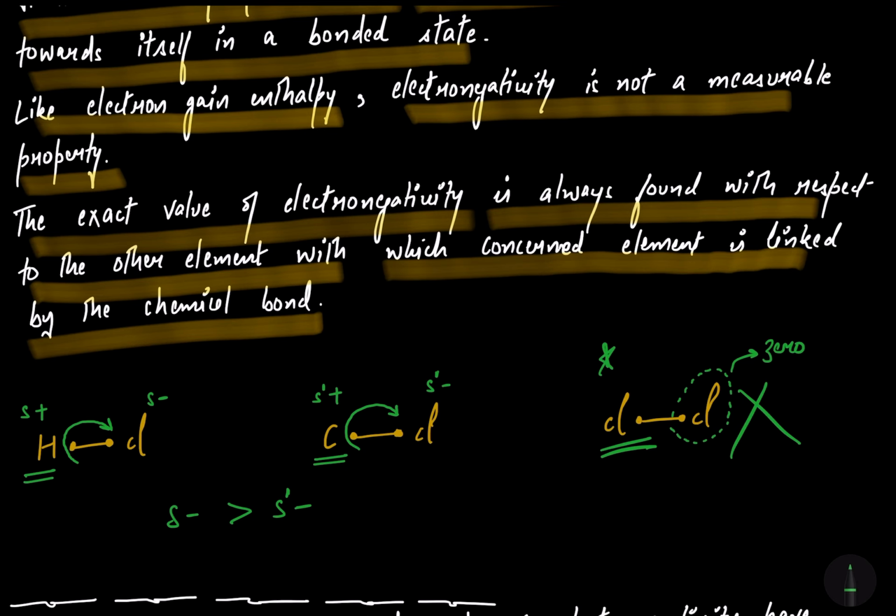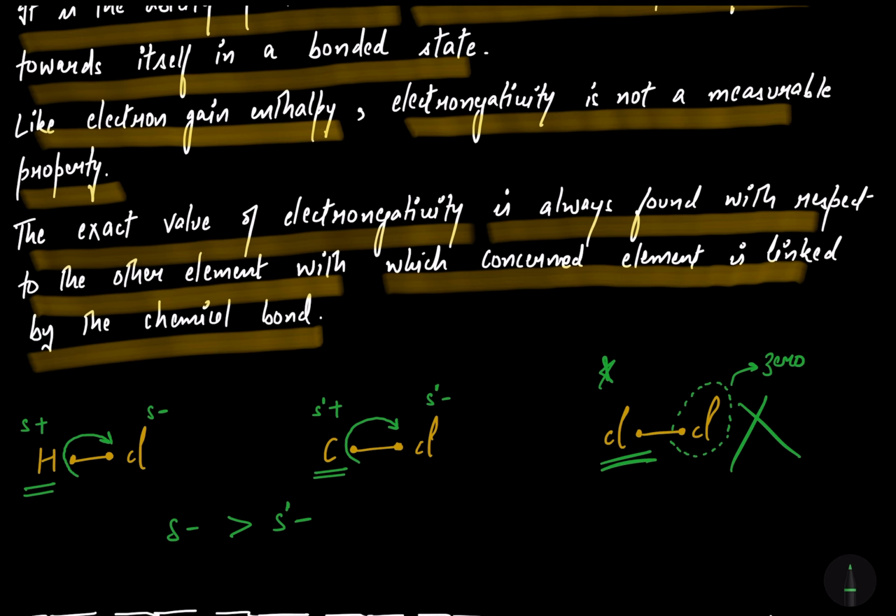So what I'm trying to prove is that the electronegativity of chlorine will vary with the different elements to which it is bound in different bonds.